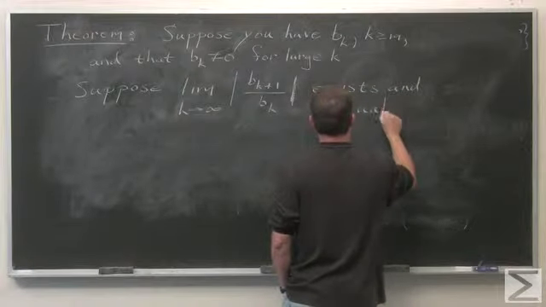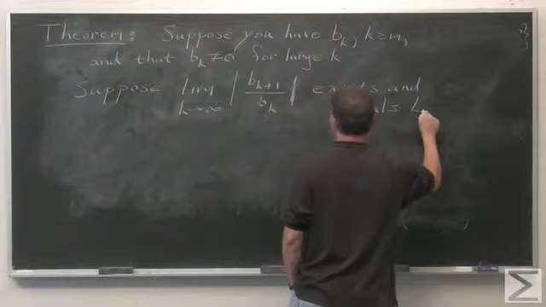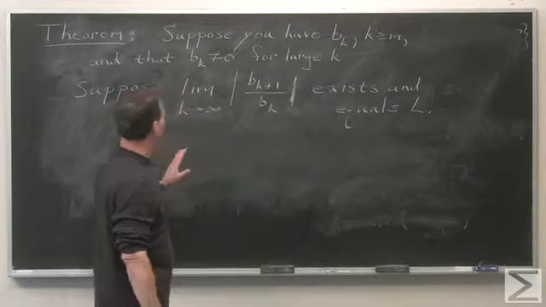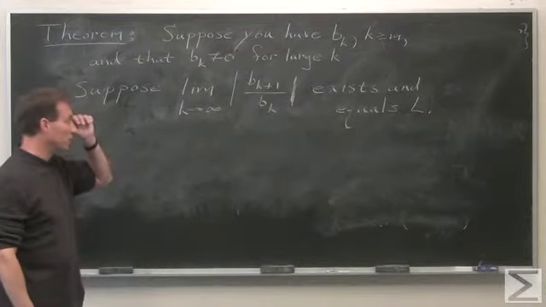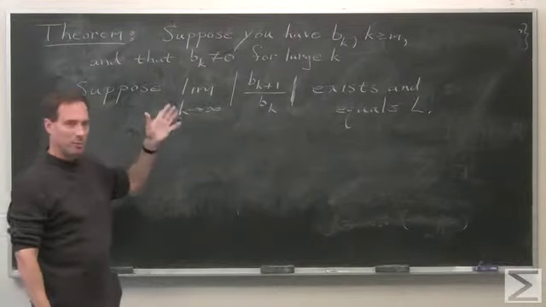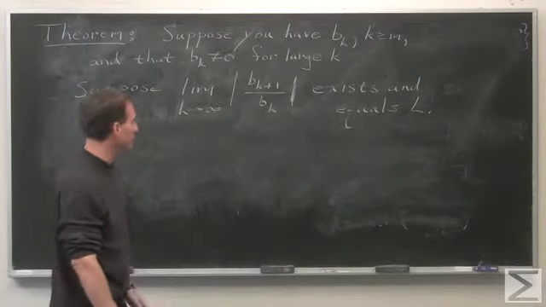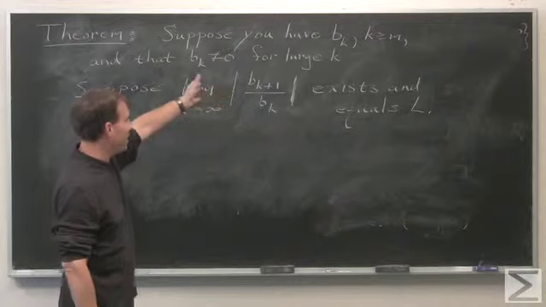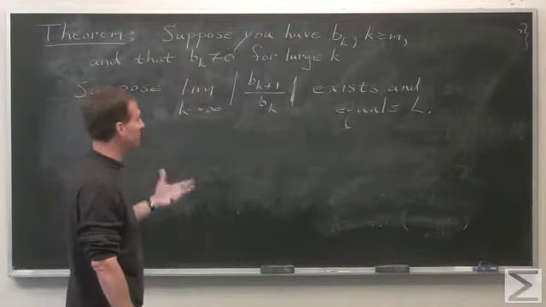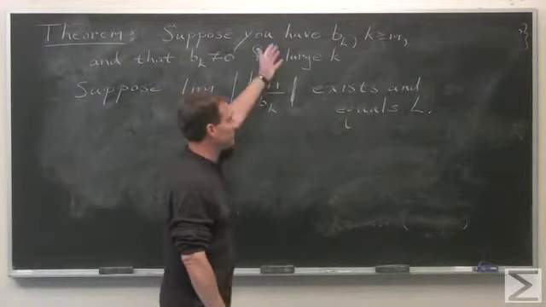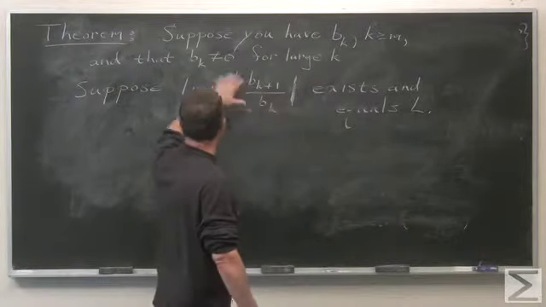So this is why it's called a ratio test. Right now, I'm going to do this for a series of numbers, and we're going to apply this to power series. Right now I haven't said anything about a summation. There's no infinite series here. I'm just saying I've got some sequence of terms. Eventually, they're not 0.